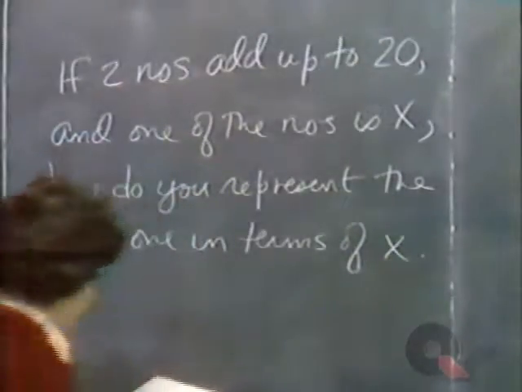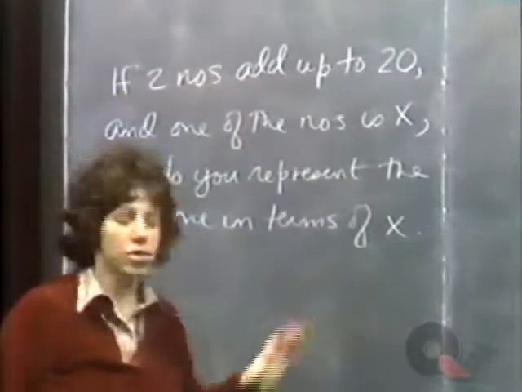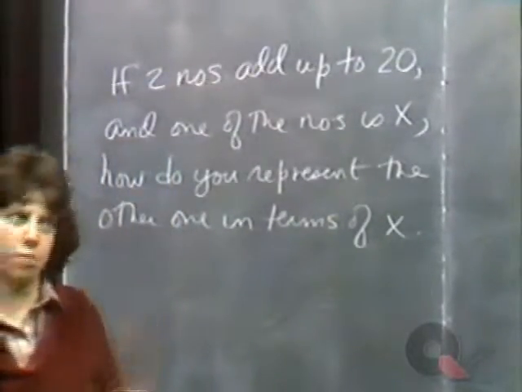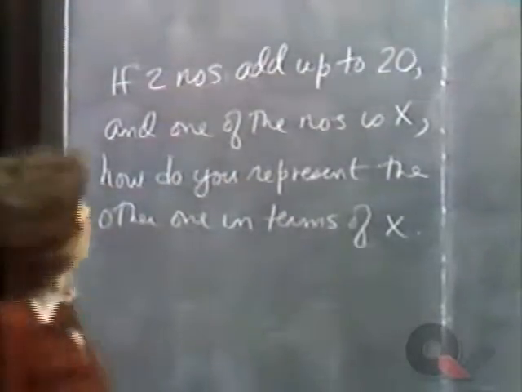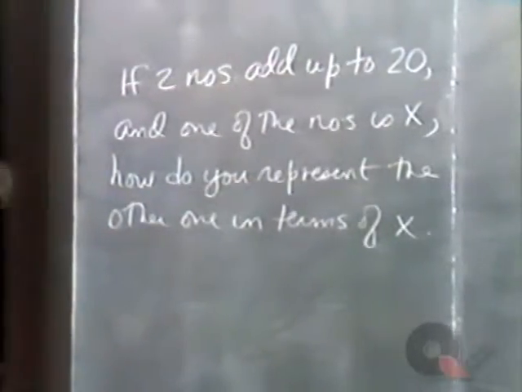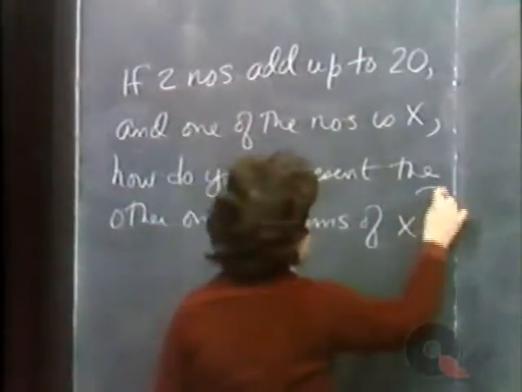This idea comes up a lot in verbal problems. Okay, and we are restricted, the problems we're solving, we're restricted to one variable. You can't say, well, I'll make one x and one y or something like that. We only have one variable. Okay, if 2 numbers add up to 20 and one of the numbers is x, how do you represent the other one in terms of x?